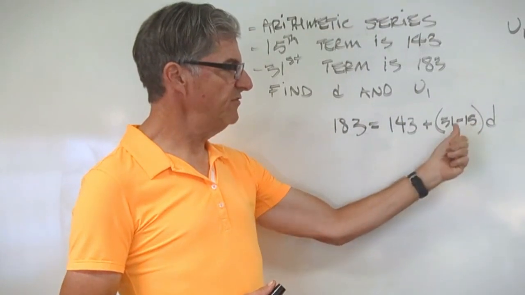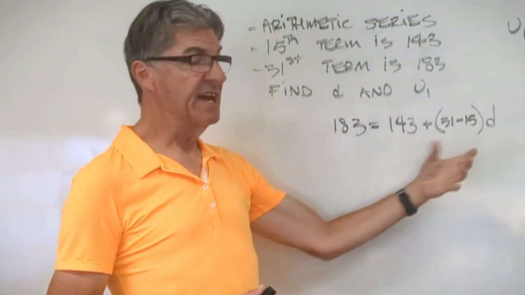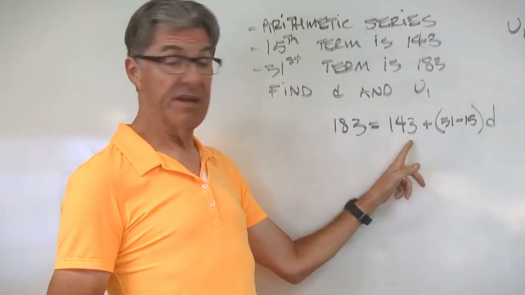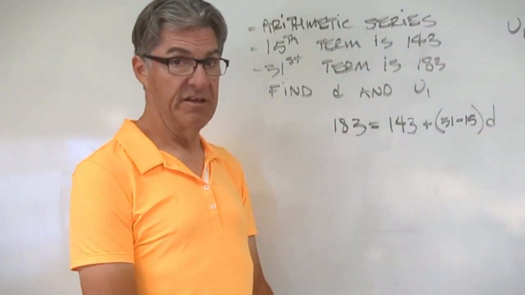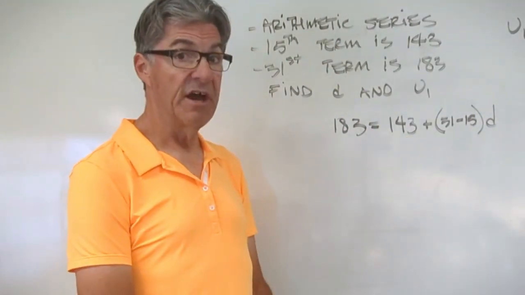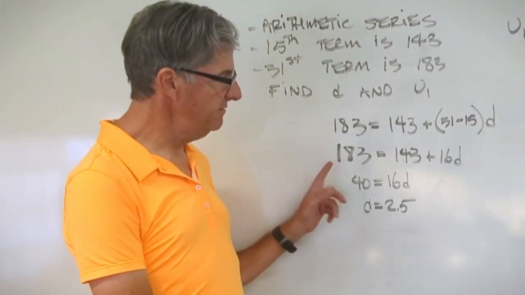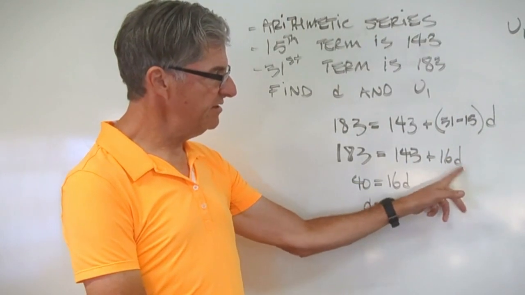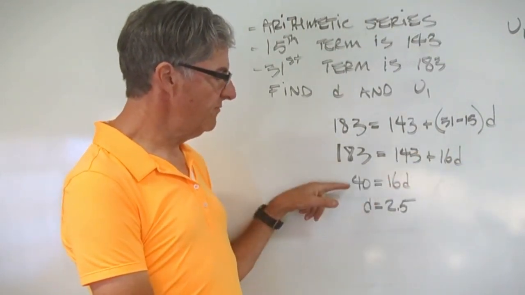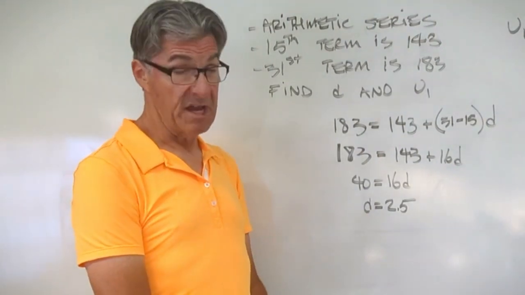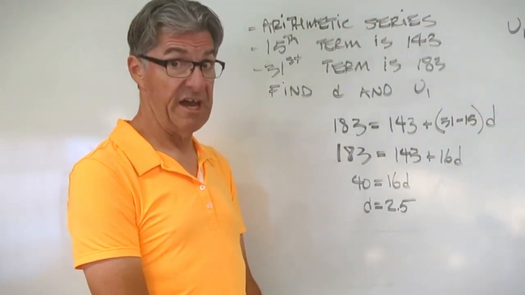So we're going to subtract 15 from 31 to get how many differences we need to add to 143 to get 183. So now, pause the video and work that math to find D. All right, so here's what I did. I got my 16 there, so that's 16D, subtracted 143 from both sides, divided through by 16, and I've got my common difference is 2.5.